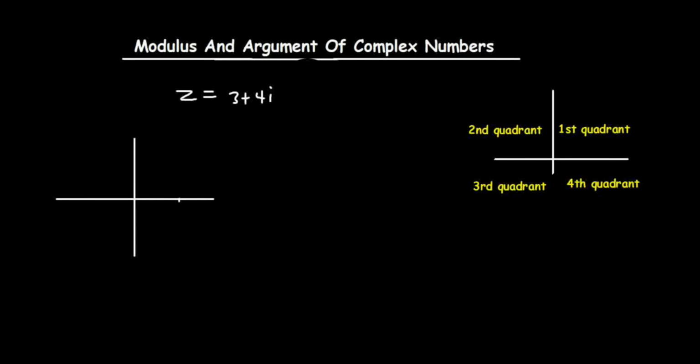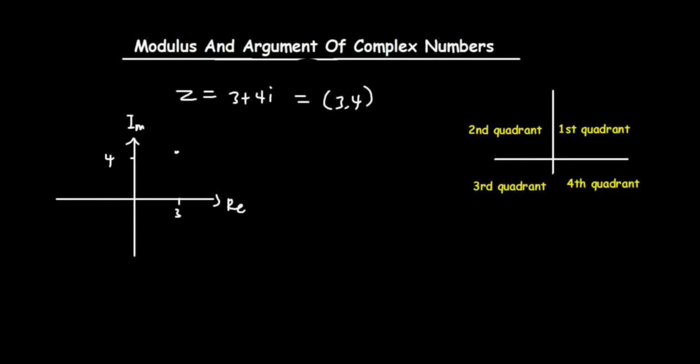Let's take this side to be 3, and then this side to be 4. This is the real axis, and this is the imaginary axis. So we can write z as 3 comma 4. After plotting z, we got z to be here.